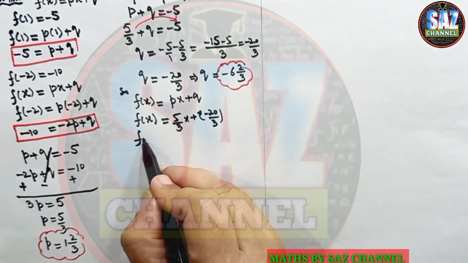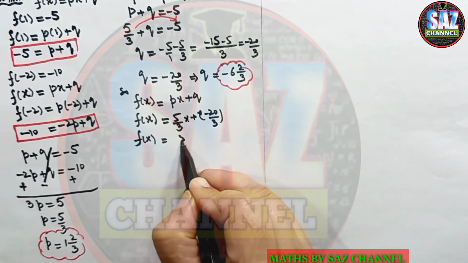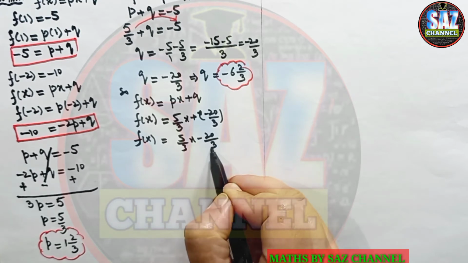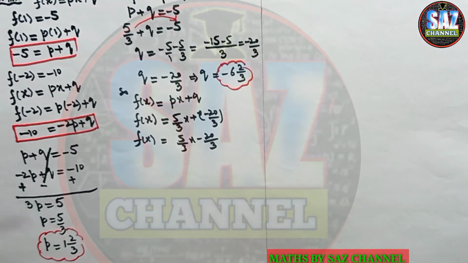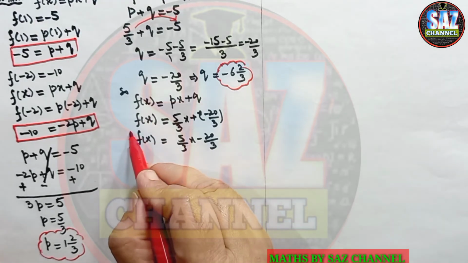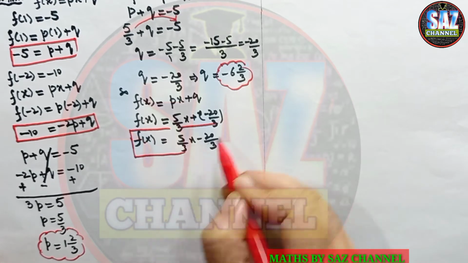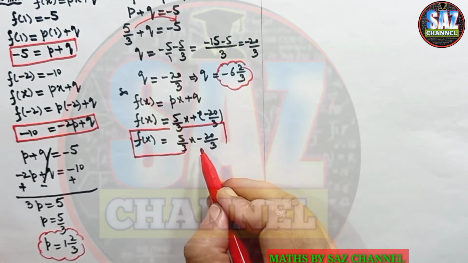So f of x will take the form 5 by 3 x minus 20 by 3. This is the answer for the function f of x with known values of p and q. I hope you are clear about this part.